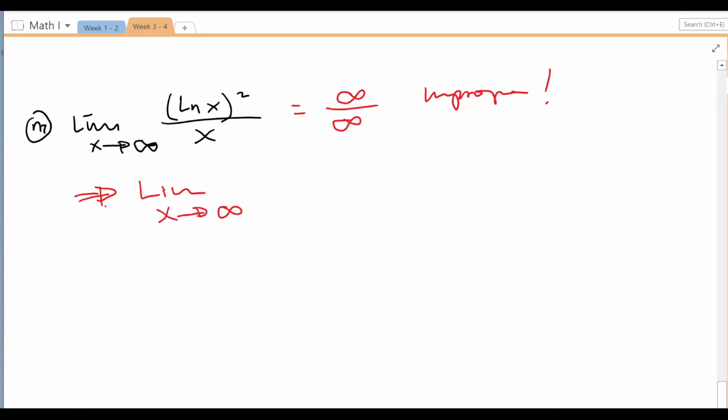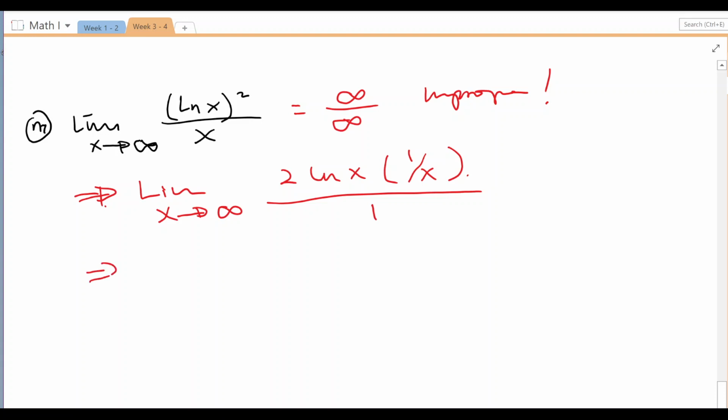The derivative of ln x is 1 over x, but we have to multiply by 2 first for the derivative of ln x squared, so we get 2 ln x times 1 over x, and the derivative of x equals 1.